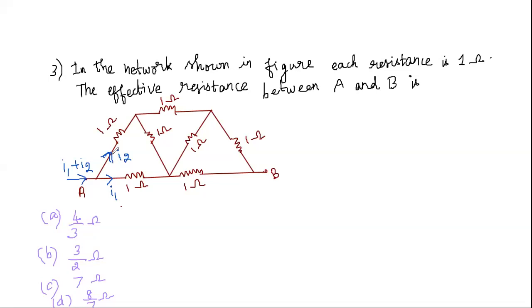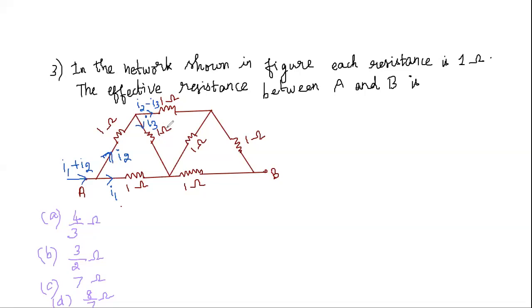So this current I1 goes here like this. Here you will be having I2 going like this, and at this branch you will be getting I3, I3 through this 1 ohm.